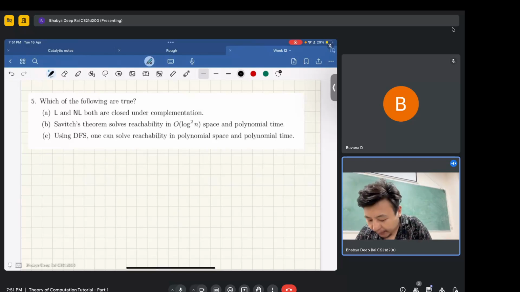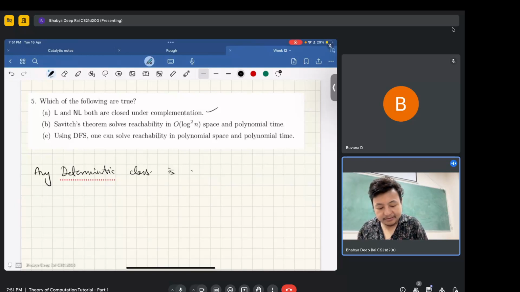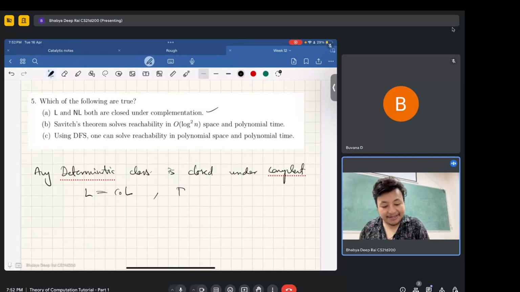The question says which of the following are true? L and NL both are closed under complementation. This is actually true. In fact, any deterministic class is closed under complementation. L is deterministic, so L is equal to co-L. Similarly P is equal to co-P, and EXP.